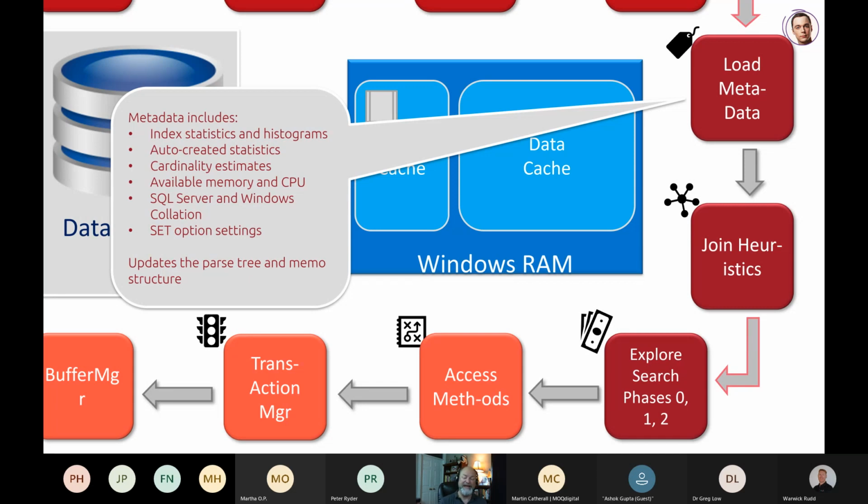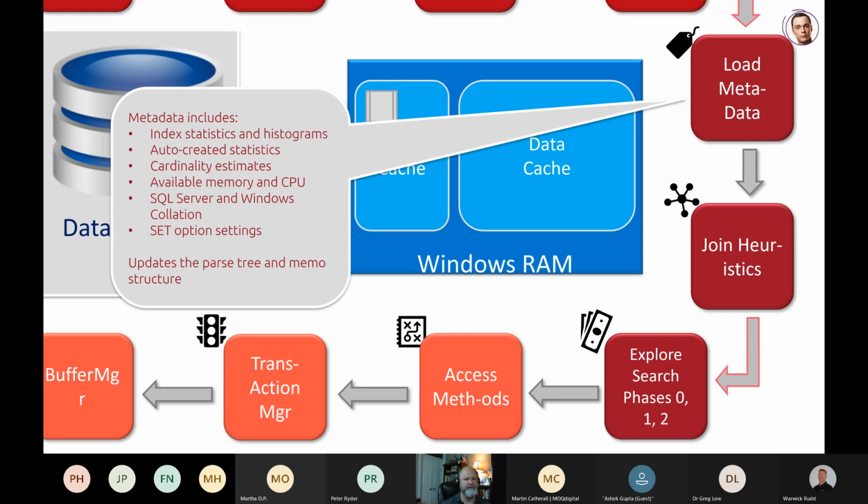We need to look at the cardinality estimates, which are just a fancy way of saying the expected number of rows. We also have to look at physical aspects of the server, like how much memory does it have and how much CPU does it have. The reason for that is because SQL Server gives memory grants in accordance to how much memory is available in its total. It gives CPU for parallelism in accordance to how many CPUs it has available to it.